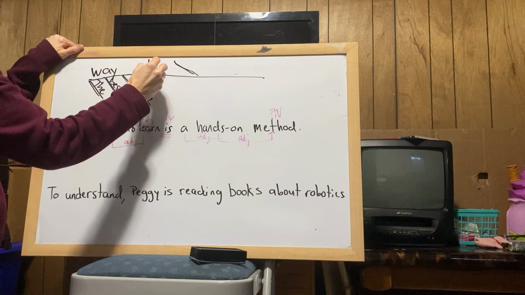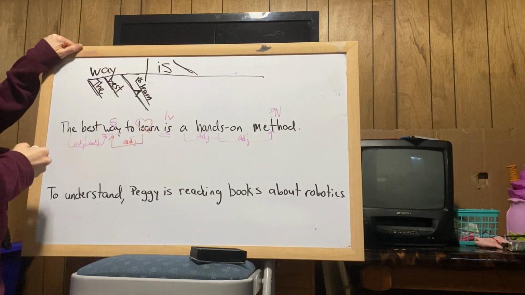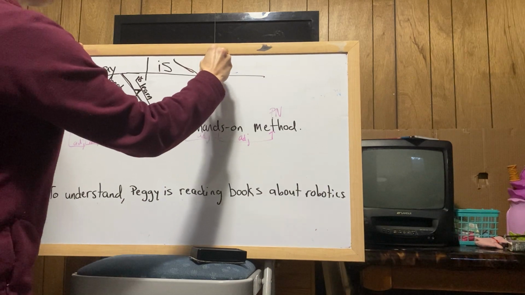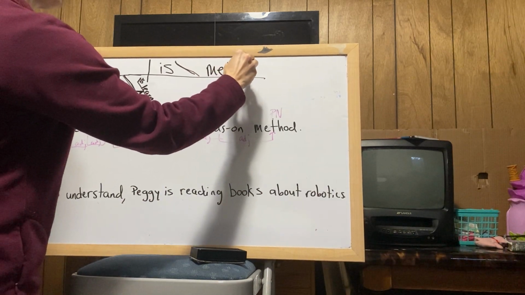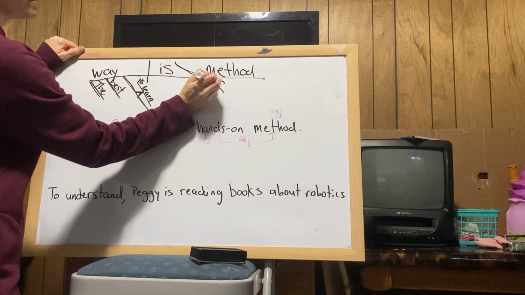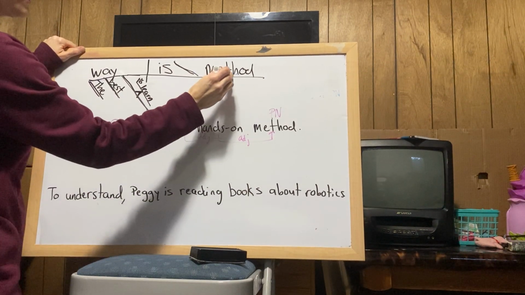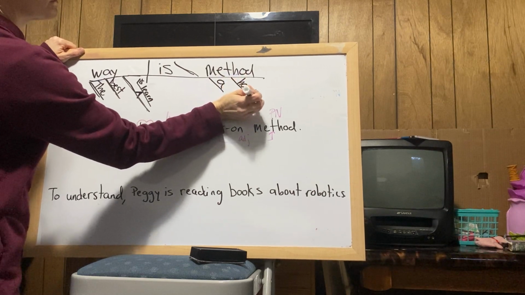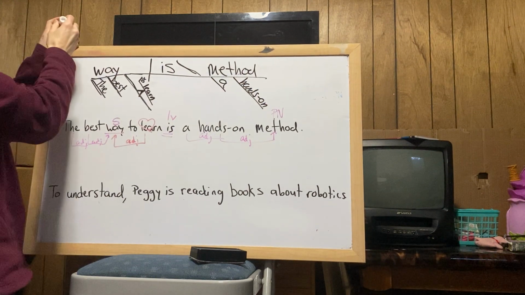We have our linking verb is. We have our predicate nominative method. Now we have our modifiers a and which kind? Hands-on. All right?